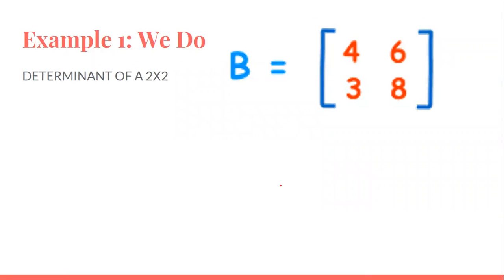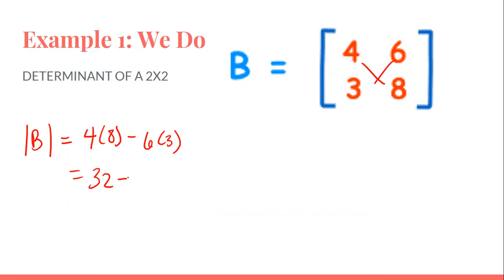For example, if we have matrix B equals 4, 6, 3, 8, and we want to find the determinant of B, what are we going to do? 4 times 8, and then 6 times 3. And we get 32 minus 18, which equals 14. You found the determinant of matrix B.